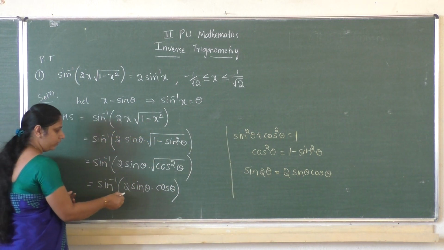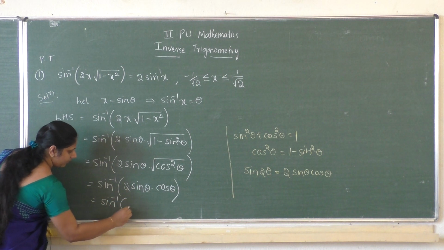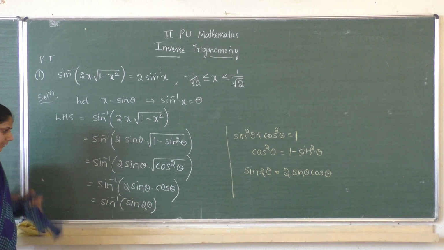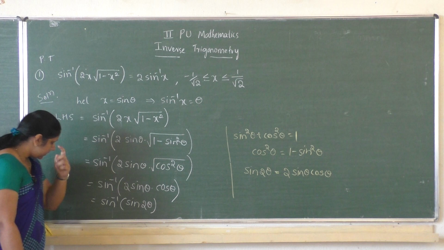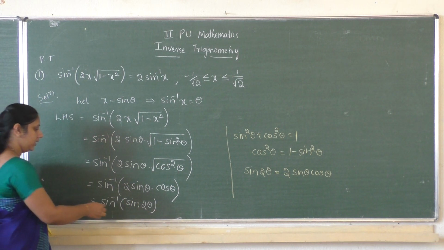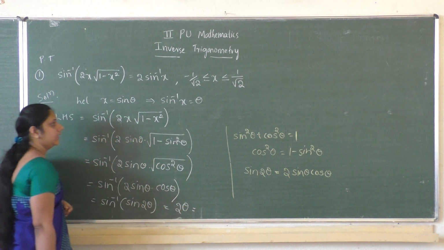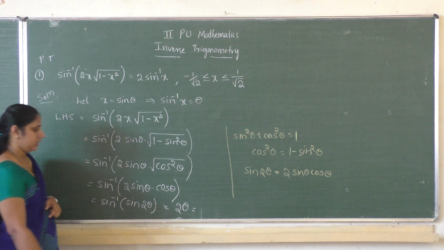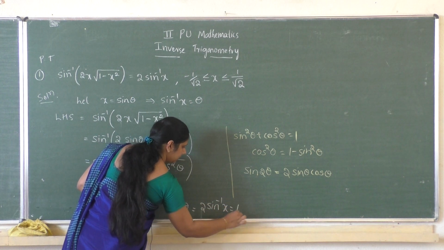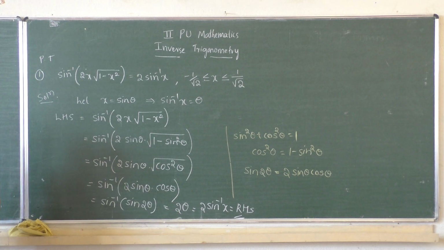So in the place of 2 sin theta cos theta, we can write sin 2 theta. Now in first class we studied that sin inverse of sin theta is theta. So here also it will be 2 theta. But what is theta? It is sin inverse x. So 2 into sin inverse x, which is the required right hand side.